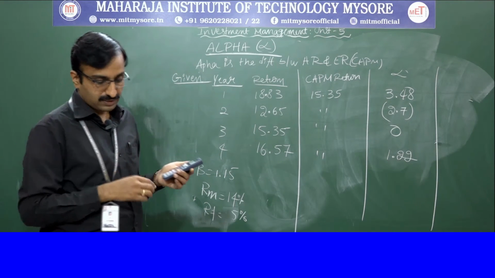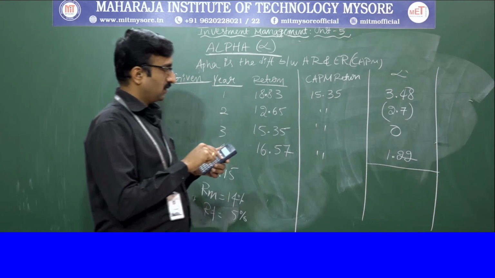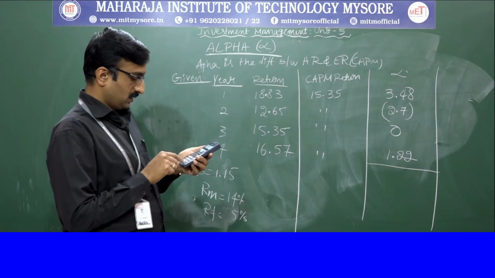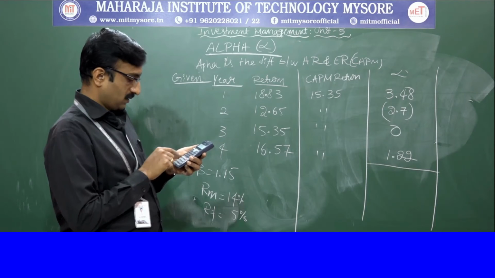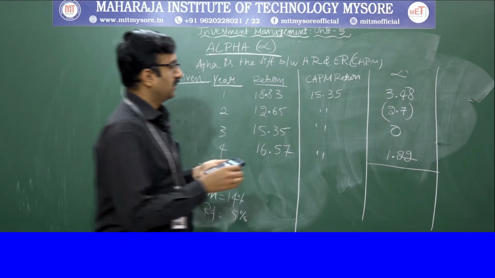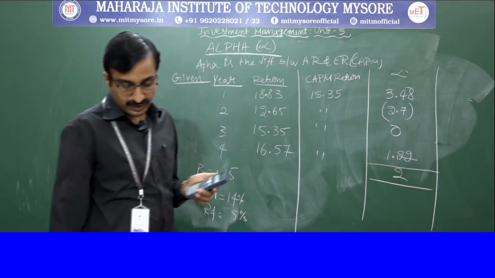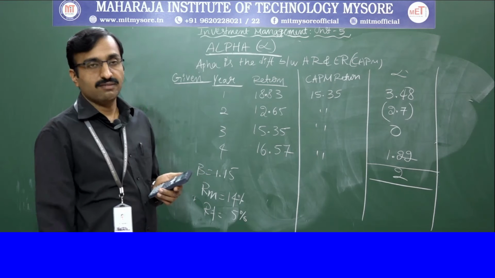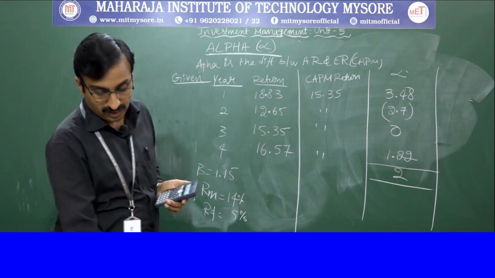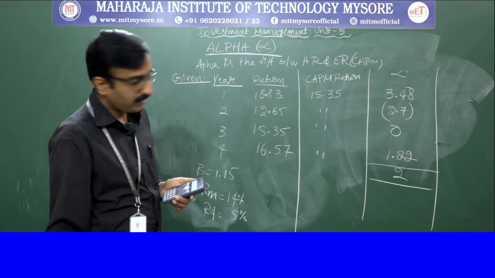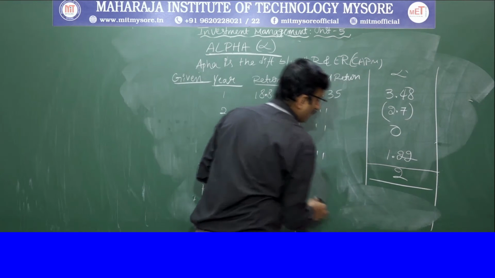So, do the sum of this. So, total alpha is 2. So, after doing this, you calculate the alpha value as total alpha divided by n. So, the last step is calculate the alpha.